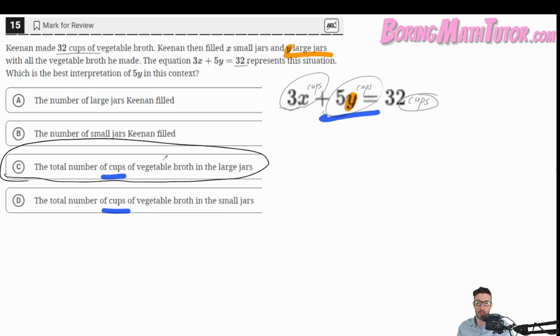The total number of cups of vegetable broth in the large jars, plus maybe the amount in the small jars, that would get you the total cups of vegetable broth that he has. He's got some small, some large, and then he's got a total. So that's it. We looked for the word cups, we looked for the word large, and at that point we could have just been on our way.